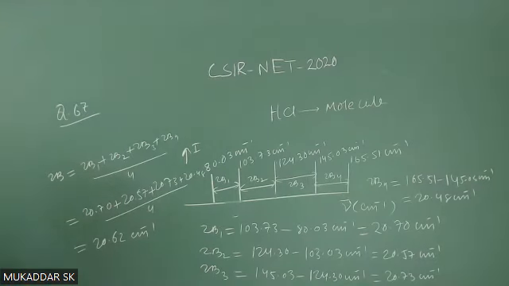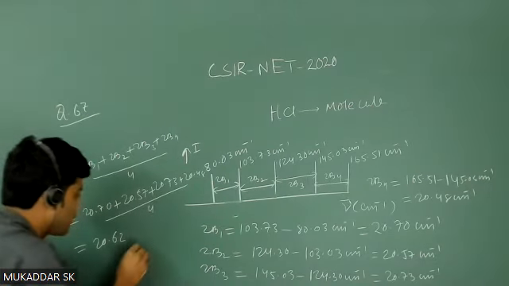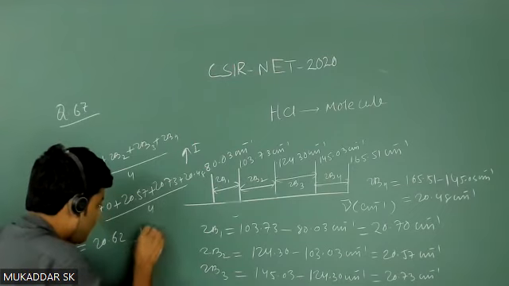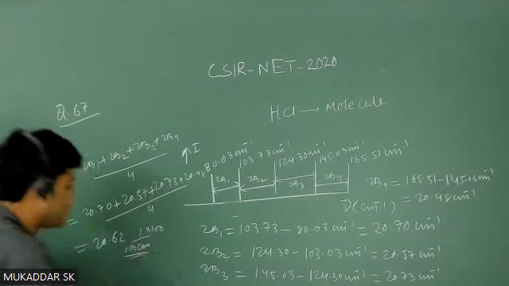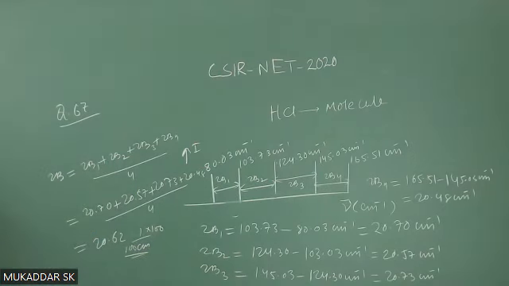It means in meter inverse, since centimeter inverse is 1 by centimeter, if you multiply by 100, 100 centimeter is nothing but a meter.